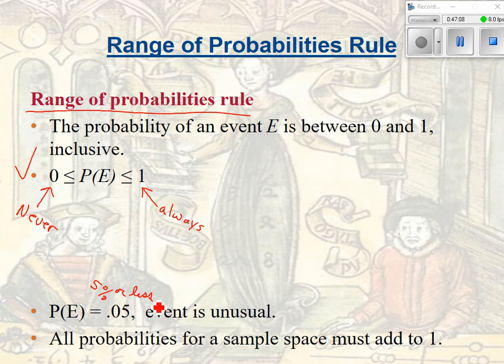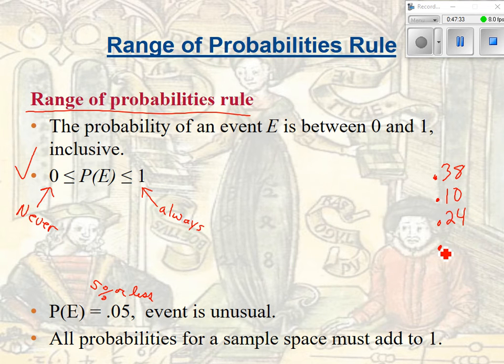Now ours, if we were to do a bunch of probabilities for, let's say, the M&Ms, and we said, okay, probability of getting a red M&M was 0.38 or 38%. Probability of getting a blue M&M was 0.10. Probability of getting a green M&M was 0.24.